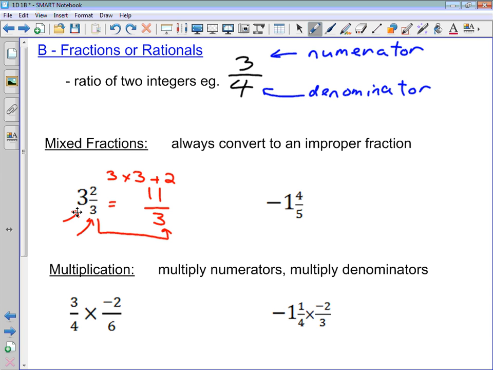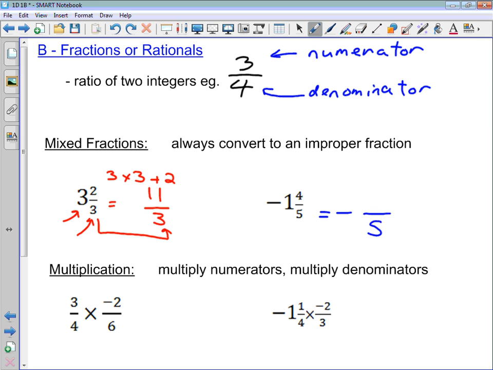Okay. So let's look at the next one here. We got negative 1 and 4/5. We want to, again, convert this to an improper fraction. Let's just ignore the negative sign for right now. Okay, well actually we can just write down the negative sign because we know that our whole thing is going to be negative. So we'll just put our negative out front there like that. We know that our denominator is going to be the same as the denominator we have right there. So our denominator here is going to be 5.